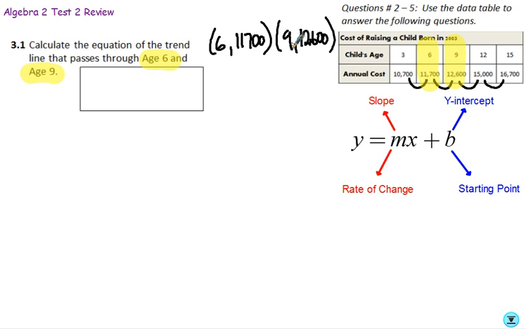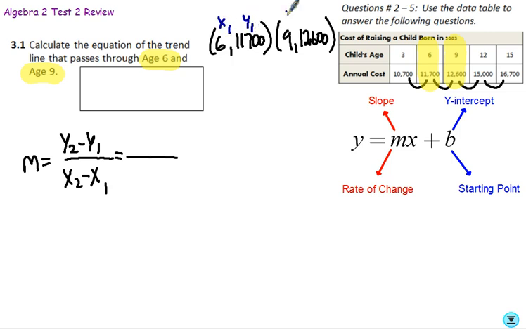Well, how we figure out the rate of change is that we're going to compare, and here's a little bit of a formula that you'll have to know, but hopefully this will make sense. Y2 minus Y1. What that's saying is that we want to compare how does it change in terms of, first of all, the cost. So from a 9-year-old to a 6-year-old, what's the difference in cost?